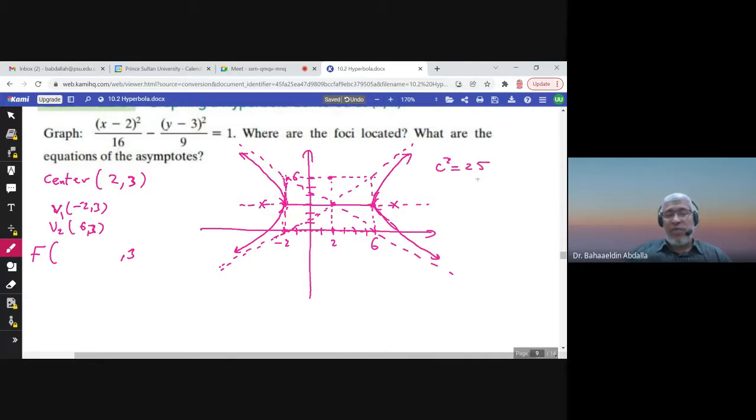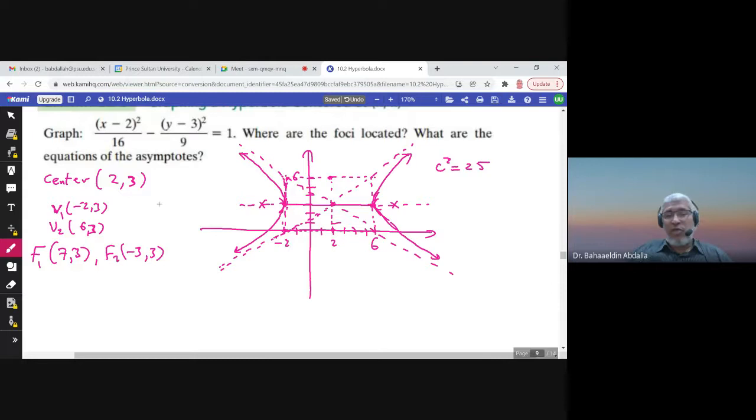So c is 5. So focus 1 would be 2 plus 5, and focus 2, 2 minus 5. So (negative 3, 3) and (7, 3), these would be the two foci. If you call this F1, F2, it doesn't really matter.